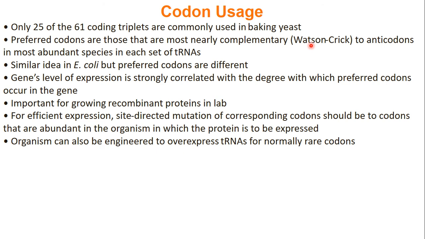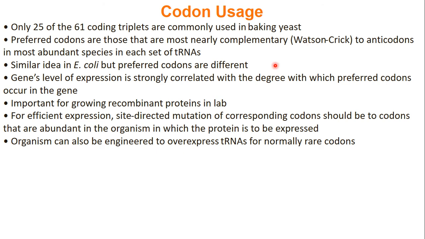So they're mostly or nearly complementary to our anticodons and the most abundant species in each set of tRNA. So these codons, not surprisingly, since they're used more, means the tRNAs are more abundant as well, and these tRNAs have these perfect Watson-Crick base pairs.